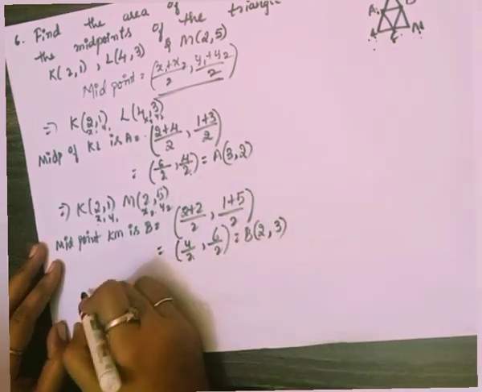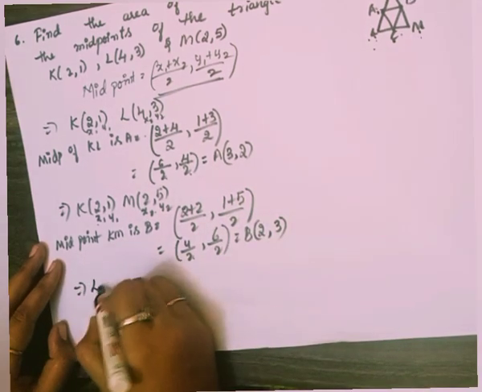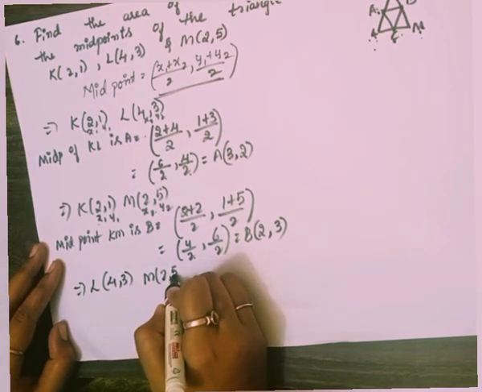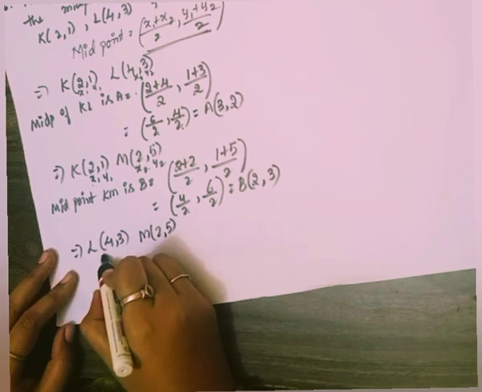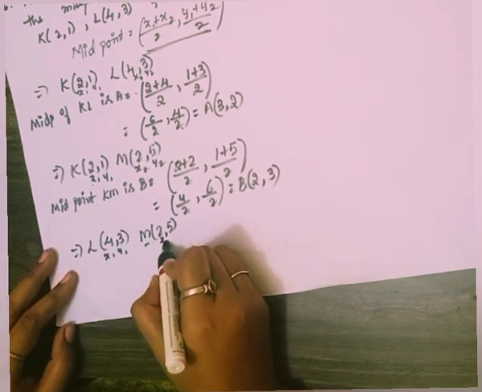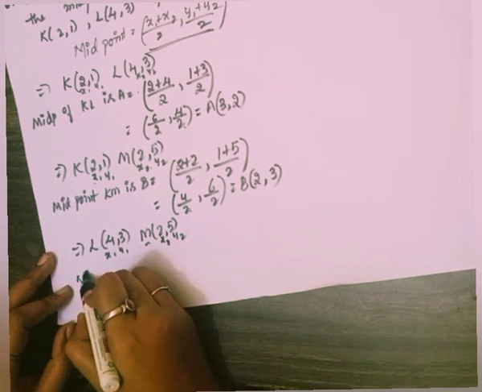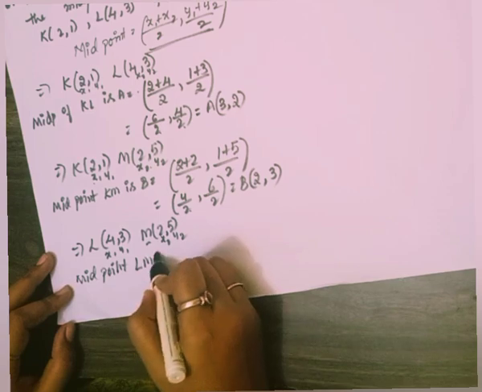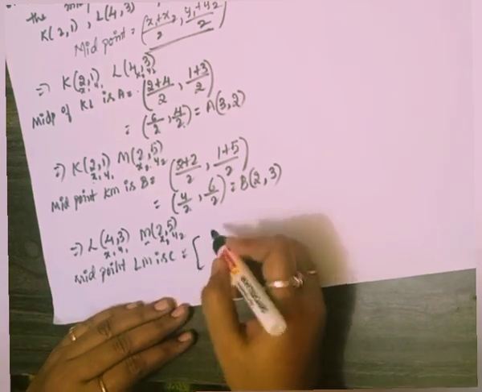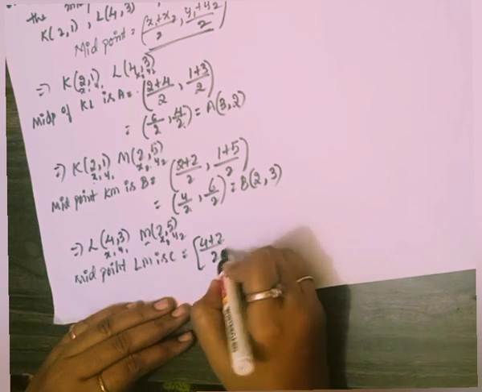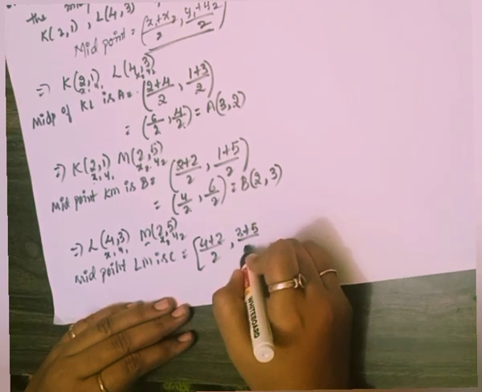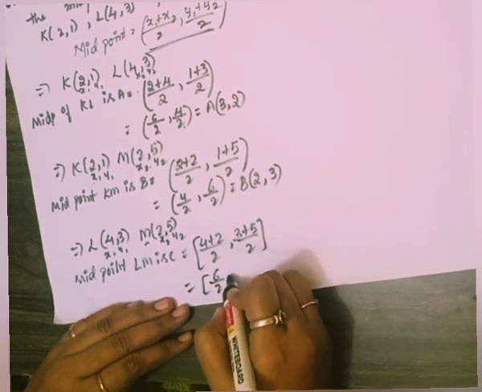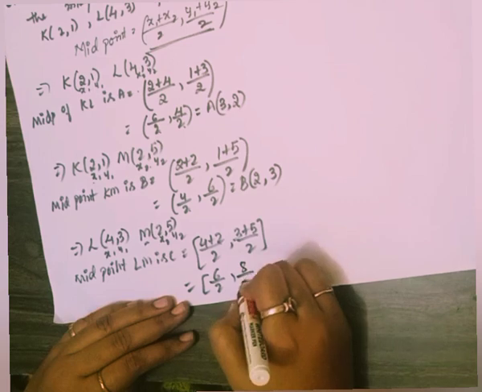Last we have C. That is the midpoint of L(4, 3) and M(2, 5), where this is x1, y1, x2, y2. So the midpoint of LM is C. I'll substitute the values now: (4 plus 2 by 2, 3 plus 5 by 2). 4 plus 2 is 6 by 2, and 3 plus 5 is 8 divided by 2.